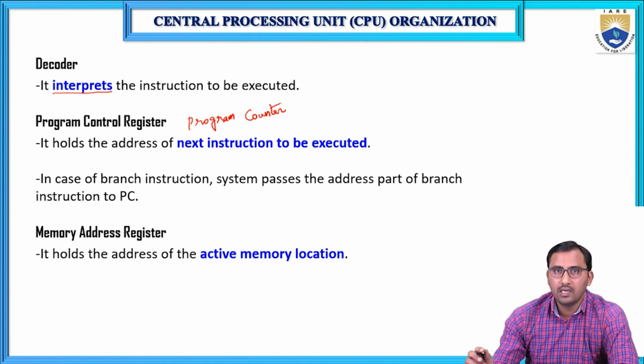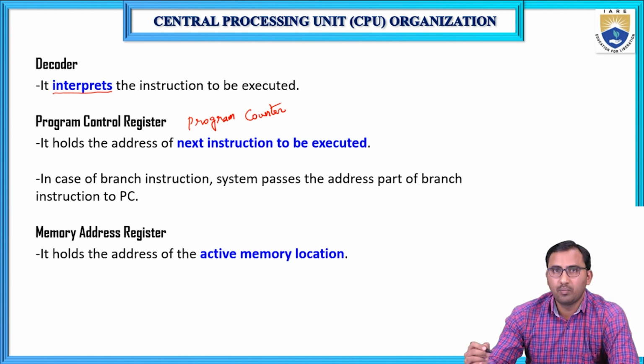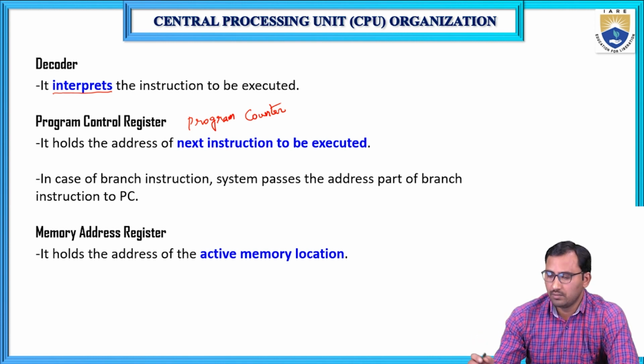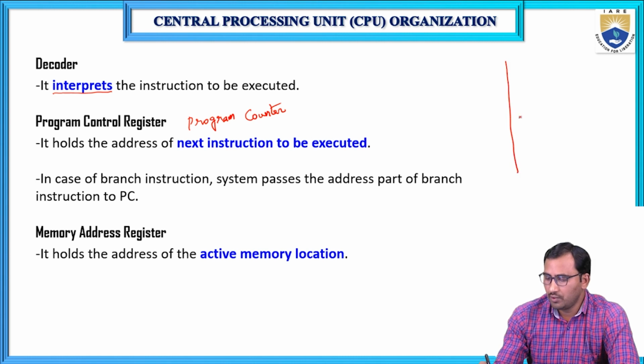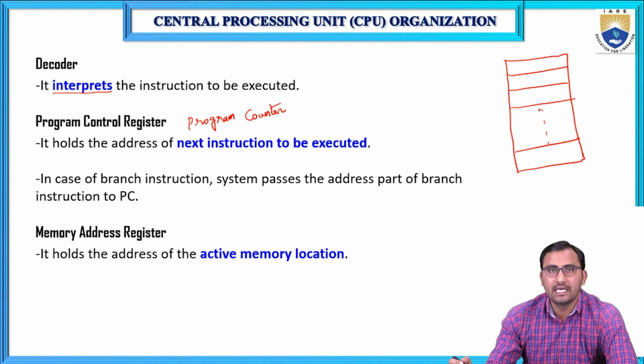Basically, in the memory we store the programs. A program means a set of instructions. So if you look into the memory, it looks like this. It contains multiple memory locations.